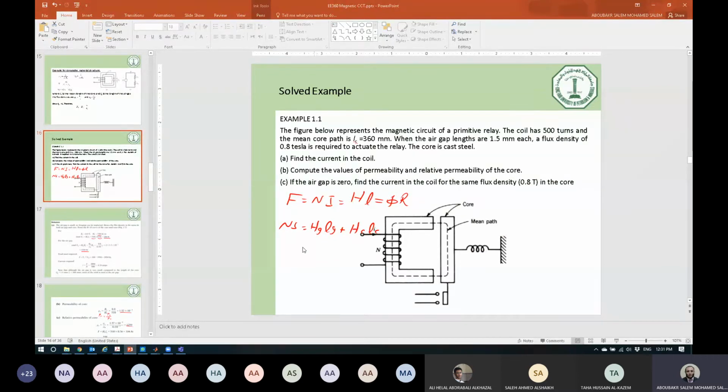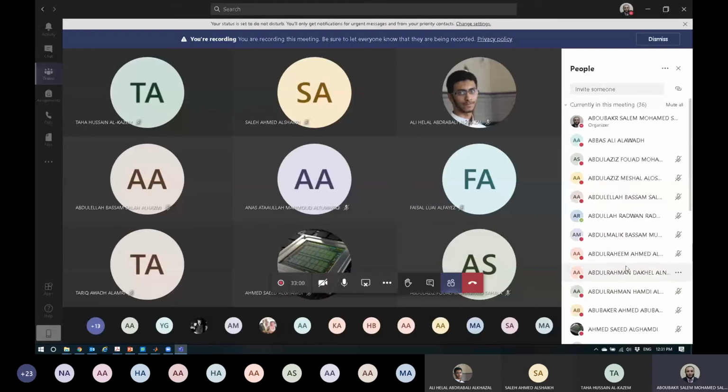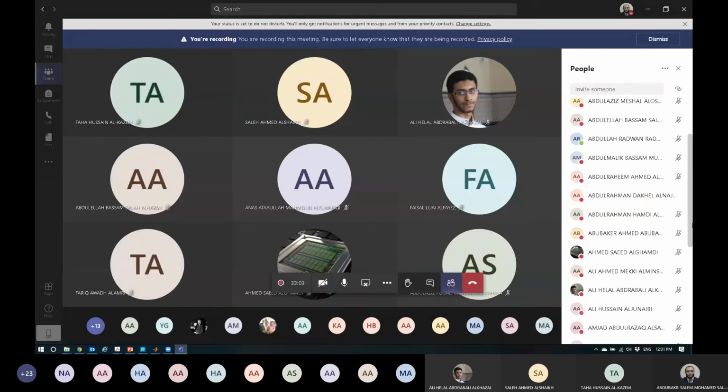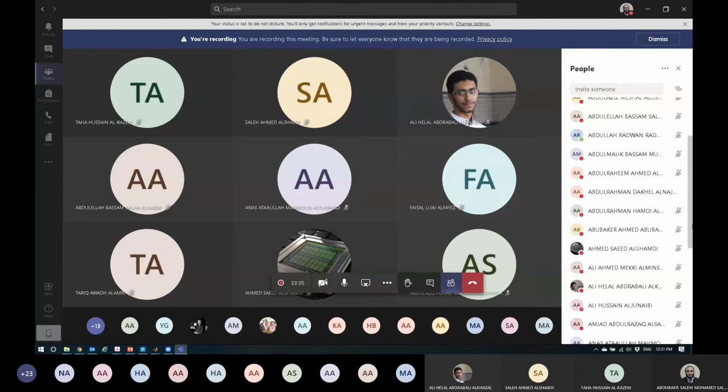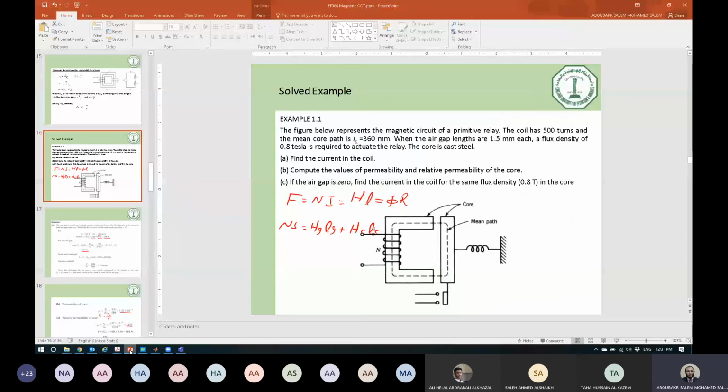How can we obtain H gap? Someone else can reply? Ahmed Saeed? Yes. Abu Hamid? How can we obtain H gap? I'm not sure. Anybody know how we can obtain H gap?